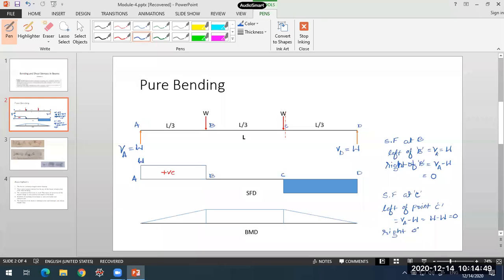To the right of C, what are the forces coming on the left side of my section now?